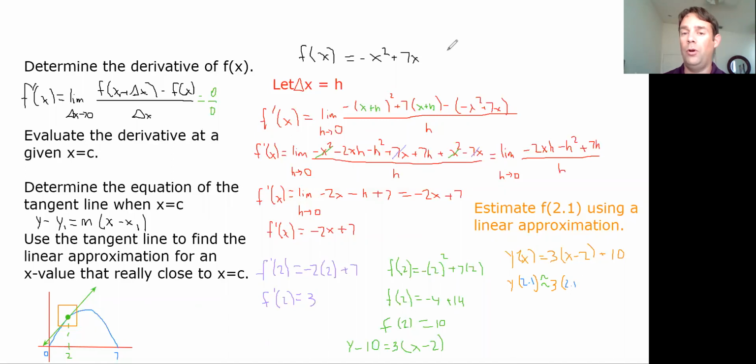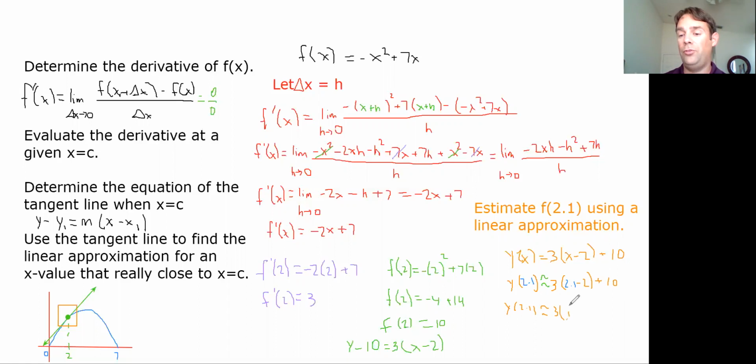when x is 2.1. Now, we have graphing calculators, and if I wanted the exact value, I'd plug 2.1 into my original equation and I'd solve it. But on the non-calculator portion of the test, or sometimes we just get really ugly functions, it doesn't do us much good to plug things into our calculators, well, especially if we don't have one.